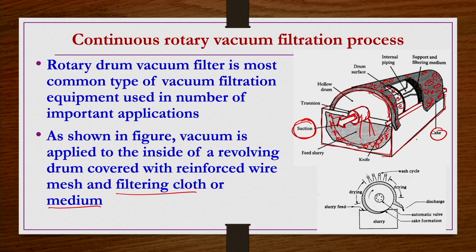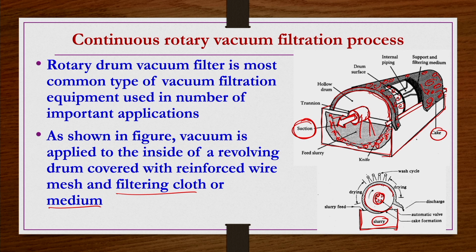If you see the same thing in another representation, there is a slurry tank here, and into this we have a hollow drum, which has outlets or a porous structure like this.